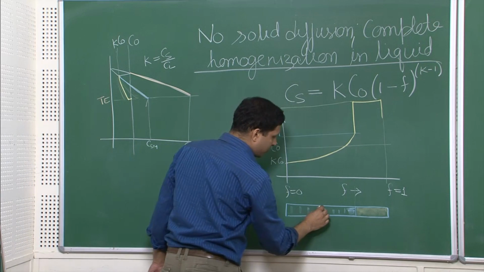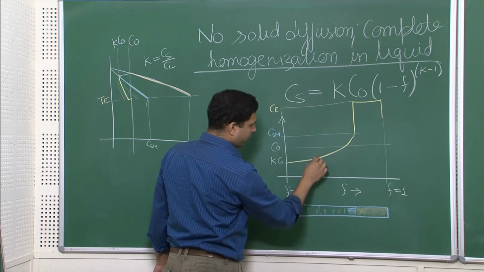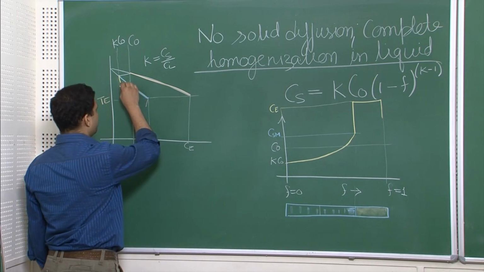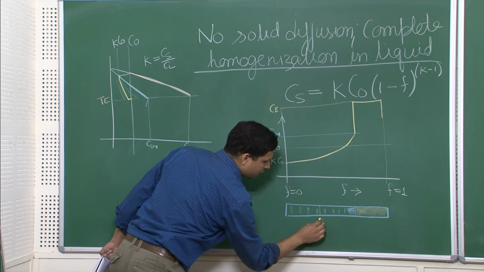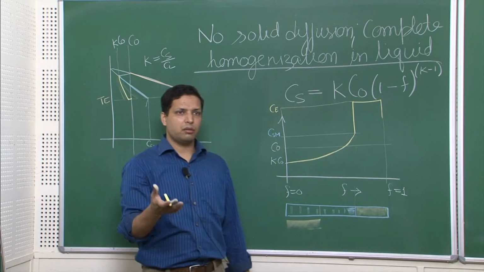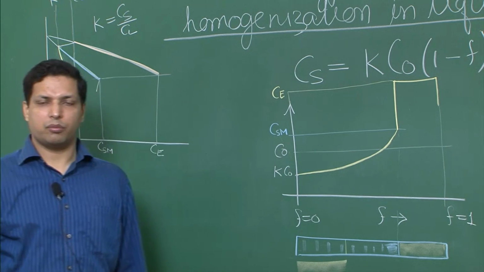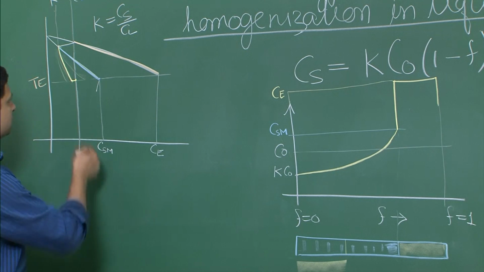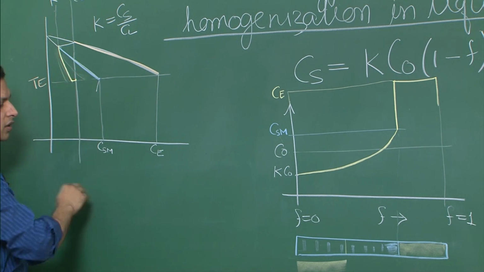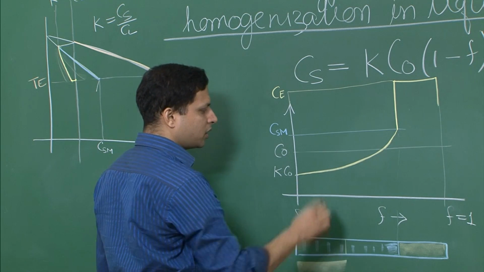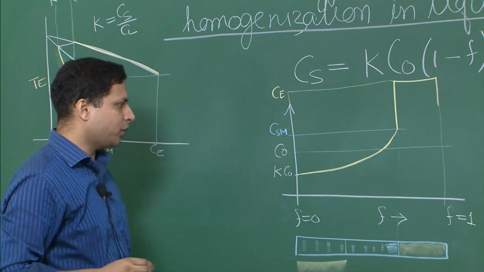So if you are looking at this particular point, then this plot represents the concentration at this point, but this plot represents the overall concentration up to this point, because that is what the solidus is supposed to be. You remember, in equilibrium everything becomes equilibrium at that point, and that is what the equilibrium phase diagram implies. So this represents the overall average concentration, while this represents the incremental or point concentration at that particular point.